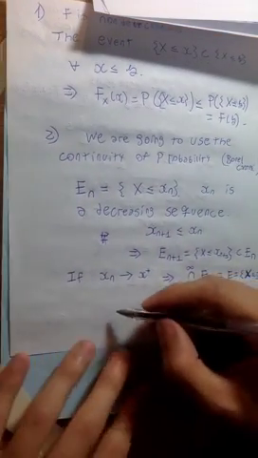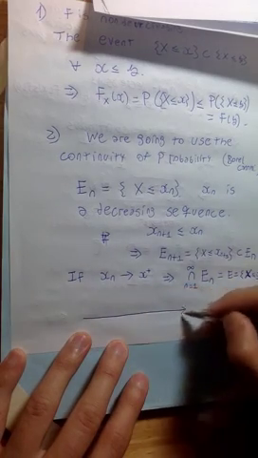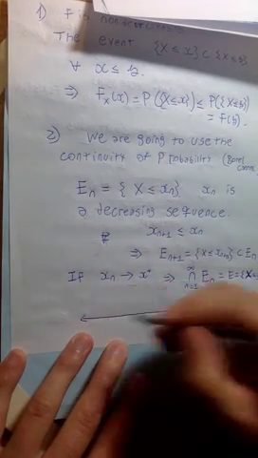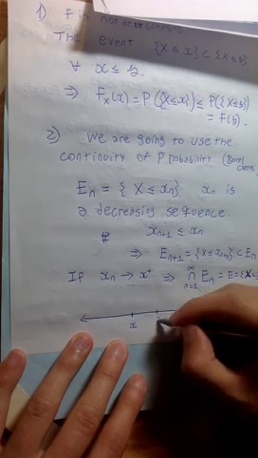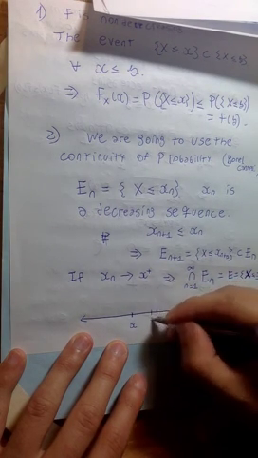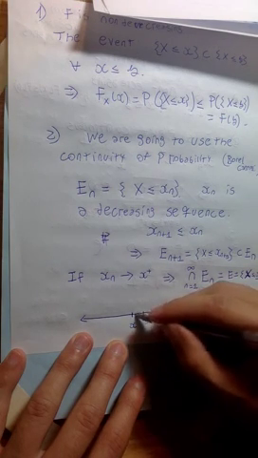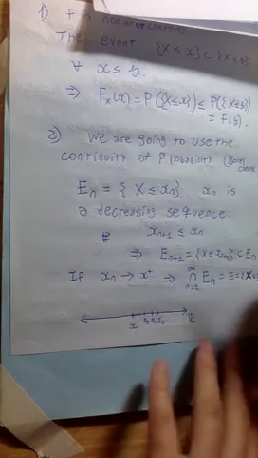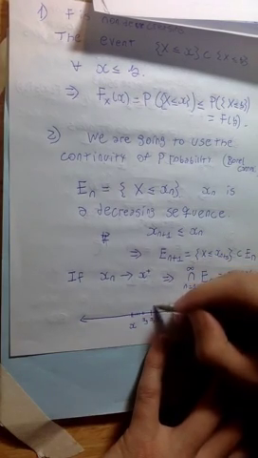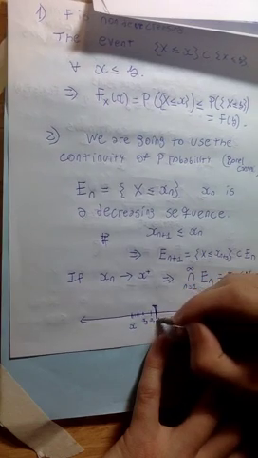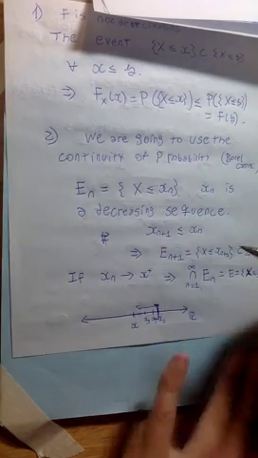So morally, graphically, what we are doing is the following. We have the real line, and here we have the value x, and here we have x1, x2, x3, and so on. Okay? So we consider the closed set which is going from x1 towards the left.